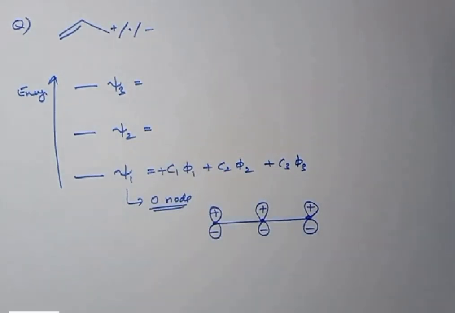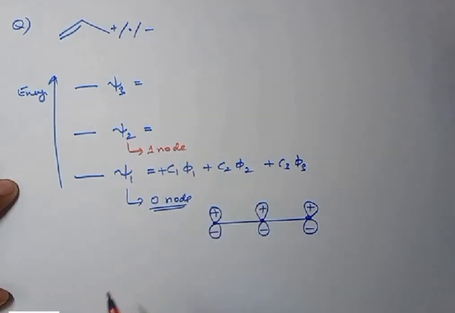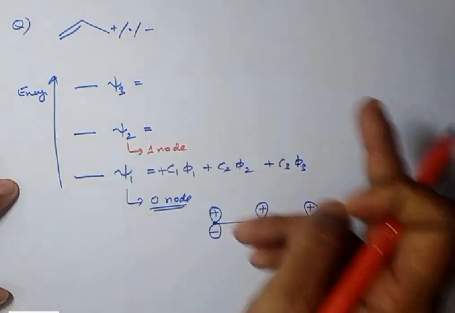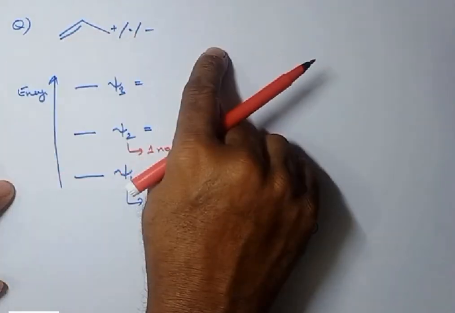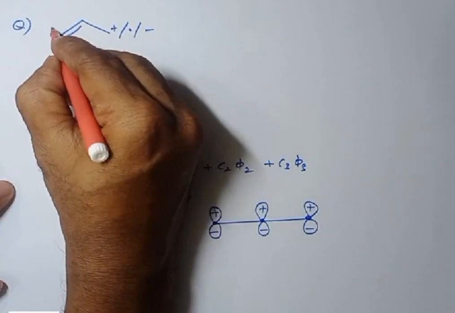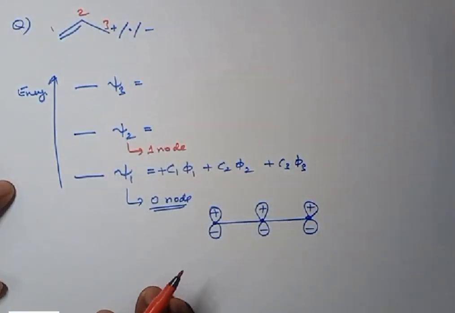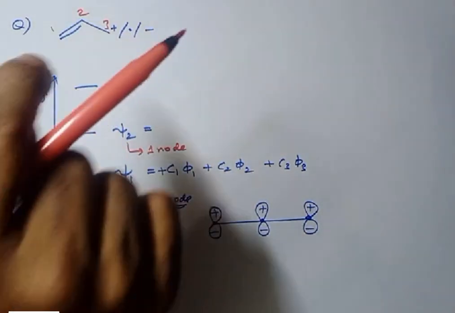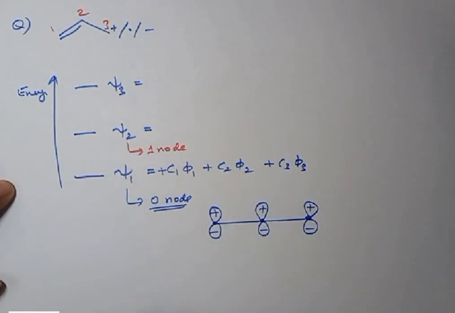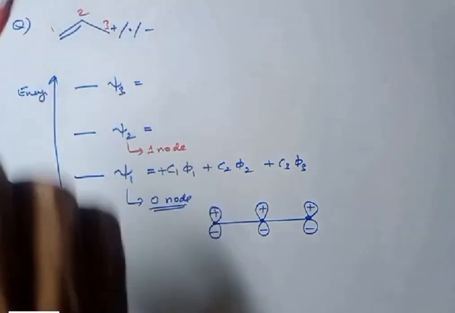Anyone? So Psi2 has one node. So how to write? Listen. One node means we have three carbons. Listen carefully. In the case of a linear molecule, if there is an odd number of carbons, 1, 2, 3, sometimes the node is present on the carbon itself. So now I have one node here, and that one node is present on the middle carbon.